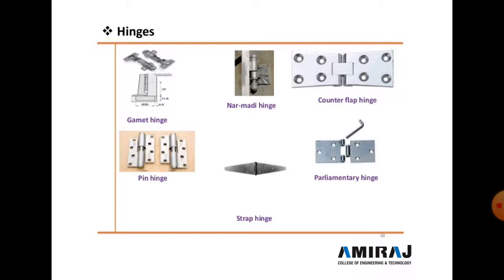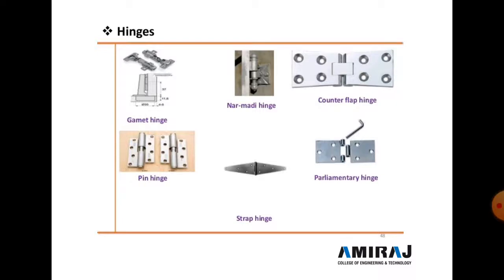Generally for doors and windows, the pin hinge is in use nowadays, and in ancient times the strap hinge was used. The strap hinge is generally used for the largest doors, and the pin hinge is generally used for a small window or a small door. The counter flap hinge is generally used in a door. It's not used for the window.